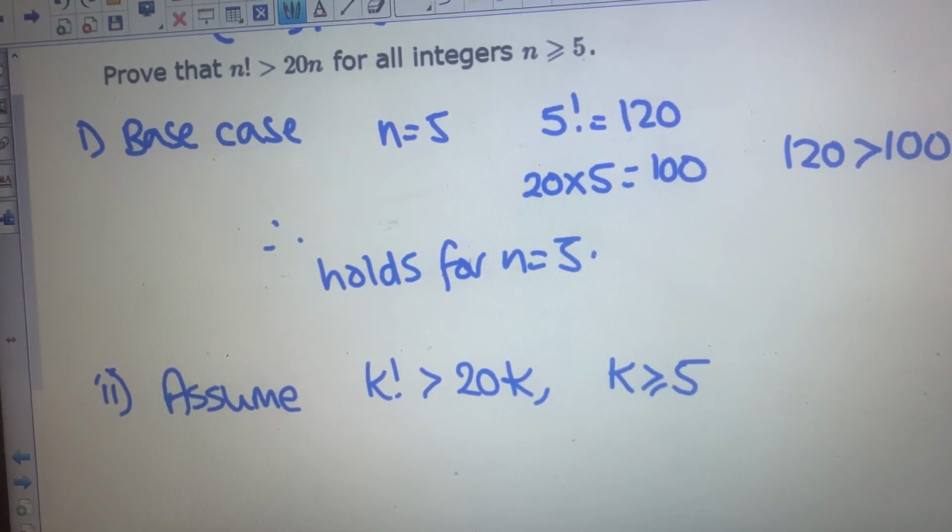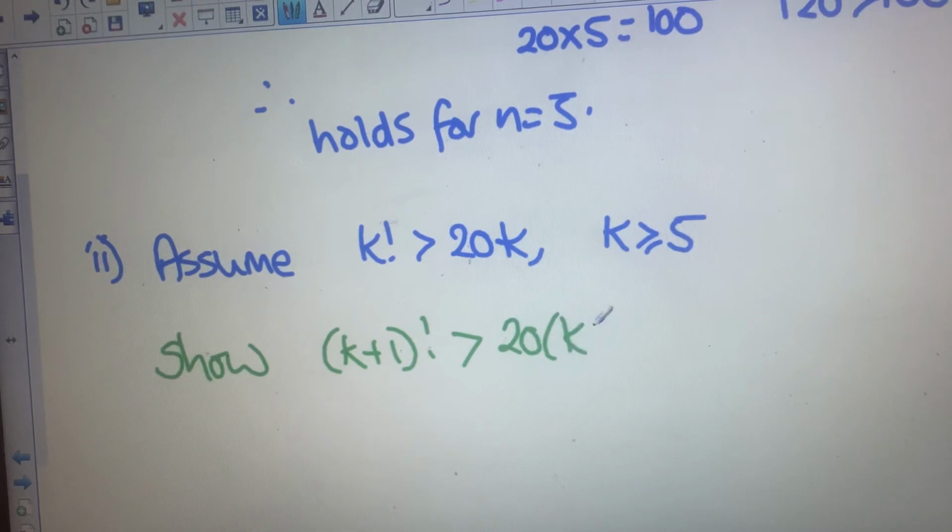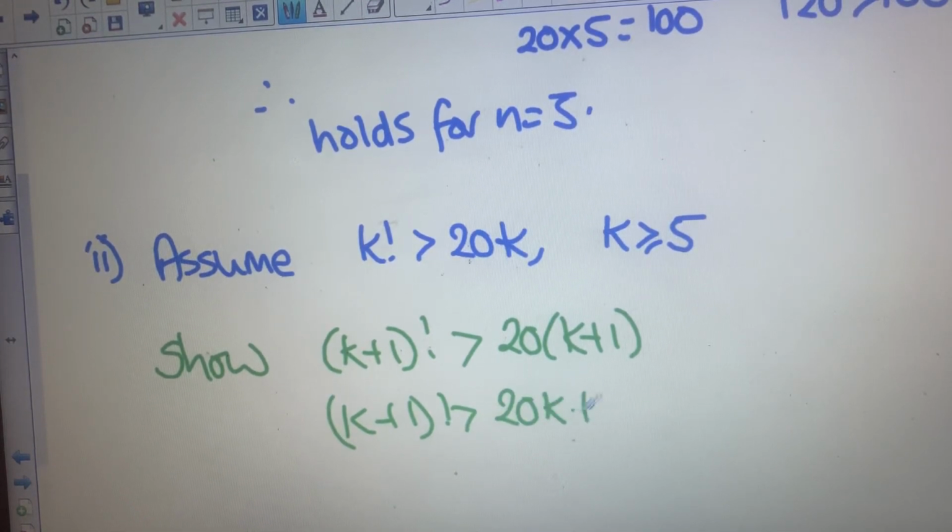Now, what we need to show to prove this by induction is that k plus 1 factorial is greater than 20 times k plus 1, or k plus 1 factorial is greater than 20k plus 20.